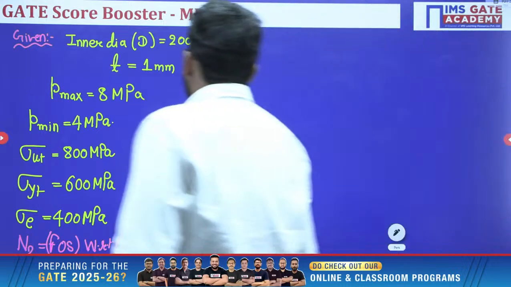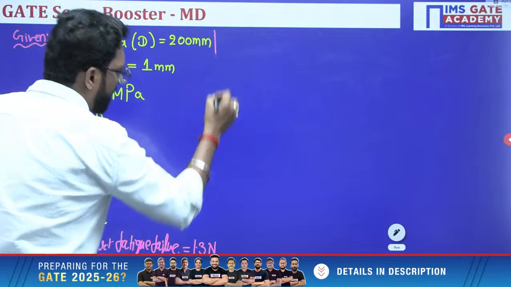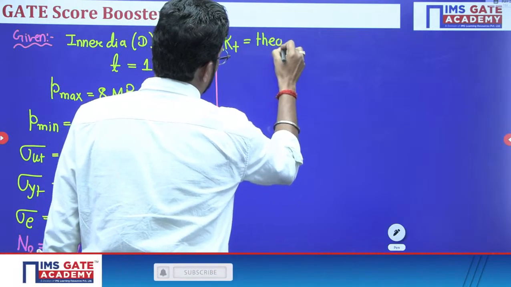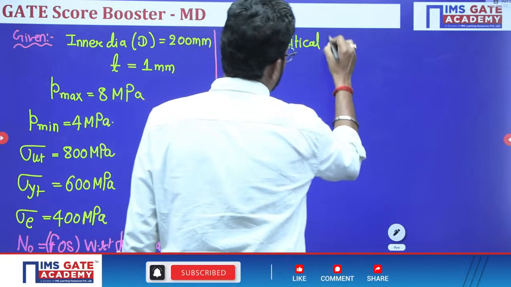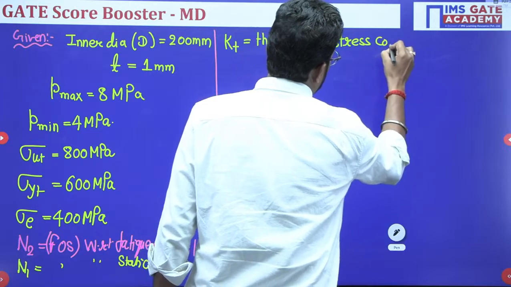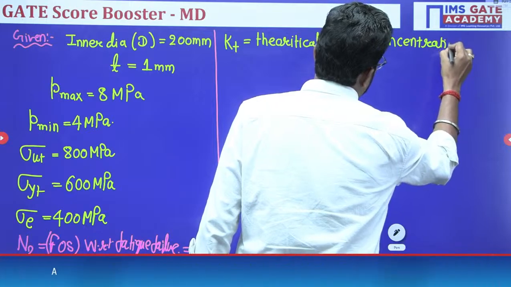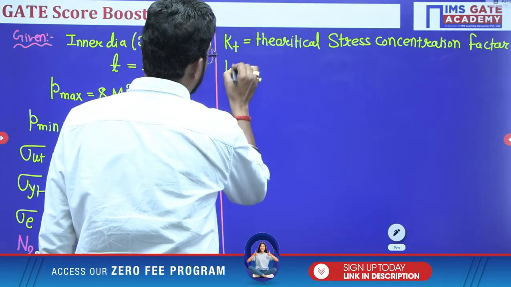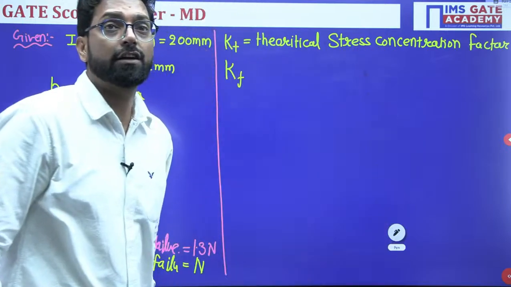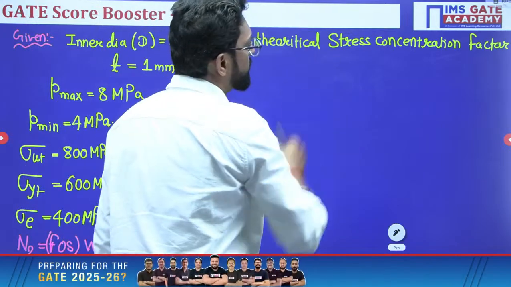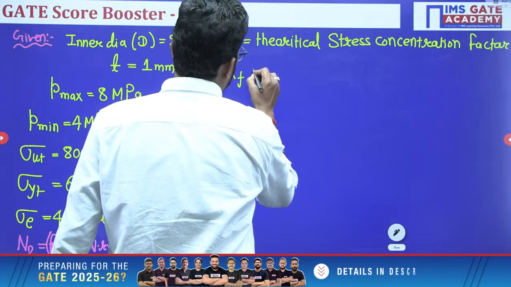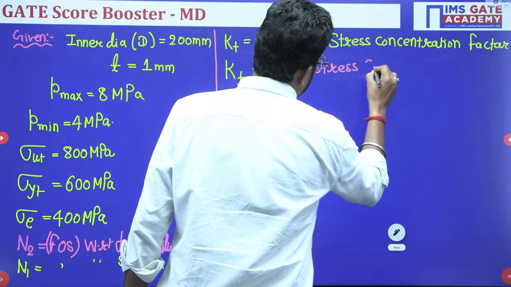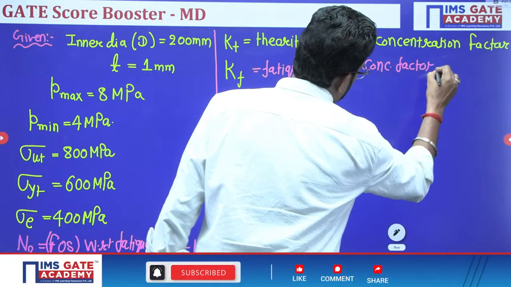Now, here Kt is the theoretical stress concentration factor, which accounts for the static loading, and Kf is the fatigue stress concentration factor, which accounts for the variable load.